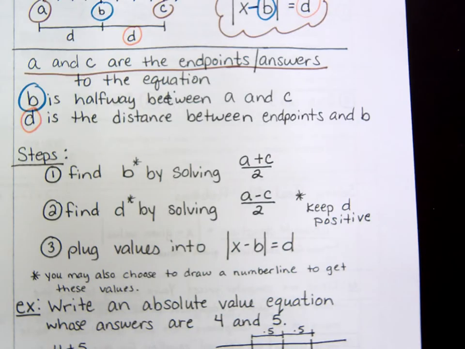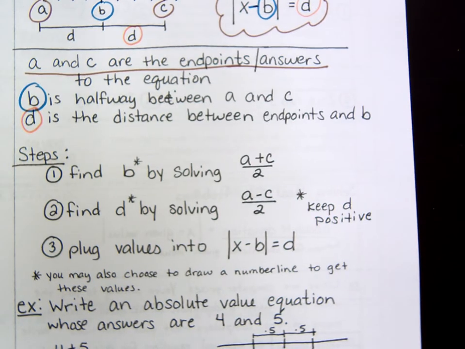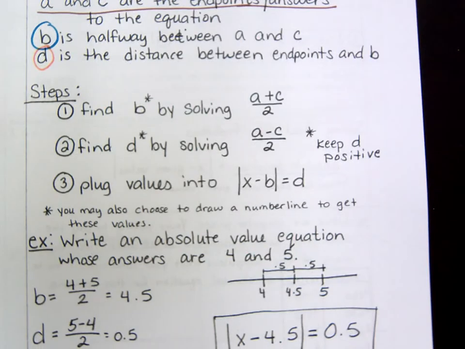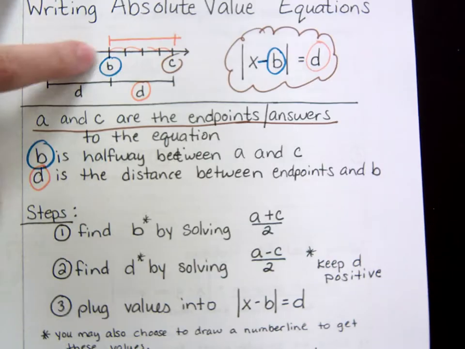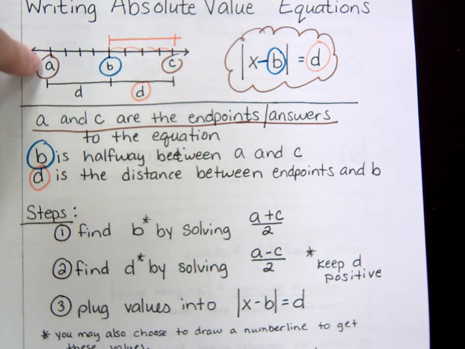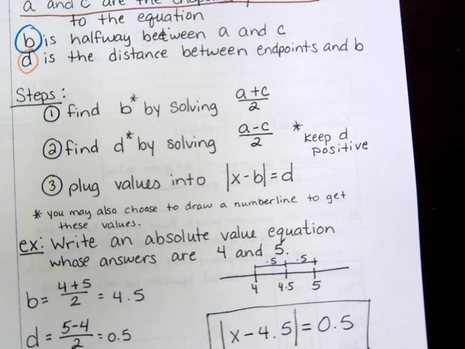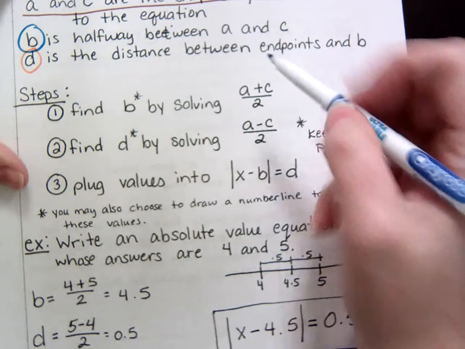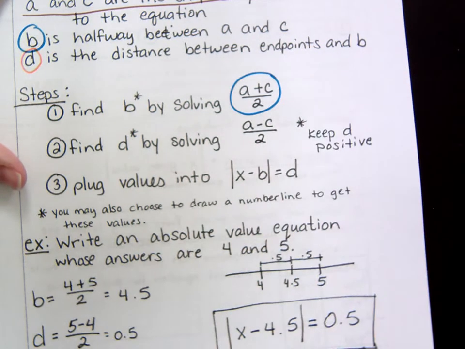Now there's more than one way you can do this. There's a more formula type way of doing it. I'll show you first. B, your midpoint, can be found by averaging your answers. So add them and divide by 2. That's how you can get your B value.